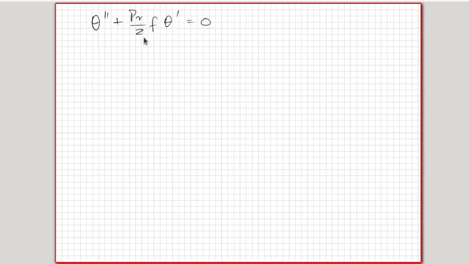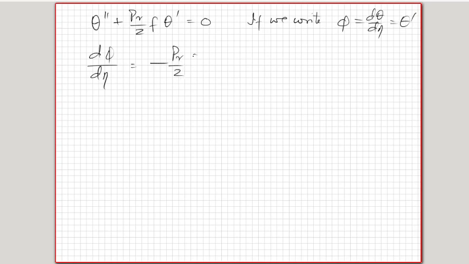So now let's try to do separation of variables here. So if I write phi is equal to d theta by d eta, which is theta prime, then I can write d phi by d eta is equal to minus Prandtl by 2 into f into phi.